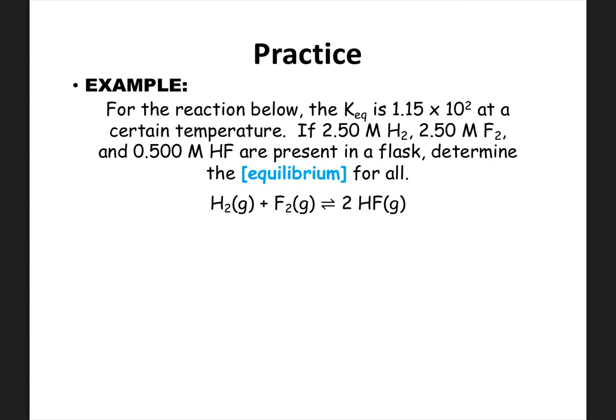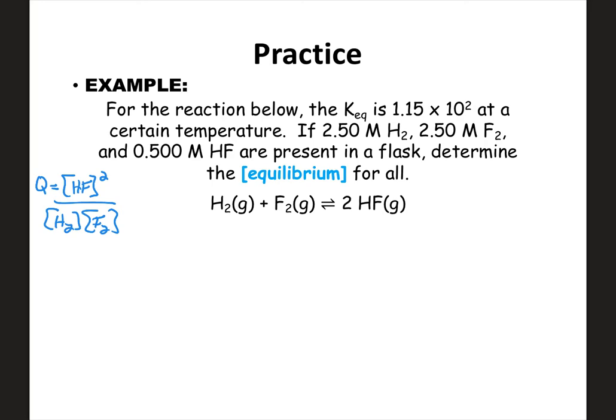All right, so I'm going to write my Q expression. Q will be equal to the concentration of HF squared, products, over reactants, the concentration of H2 times the concentration of F2. Remember, it's just your Keq expression, but we're using Q because we're not plugging in values that are at equilibrium.